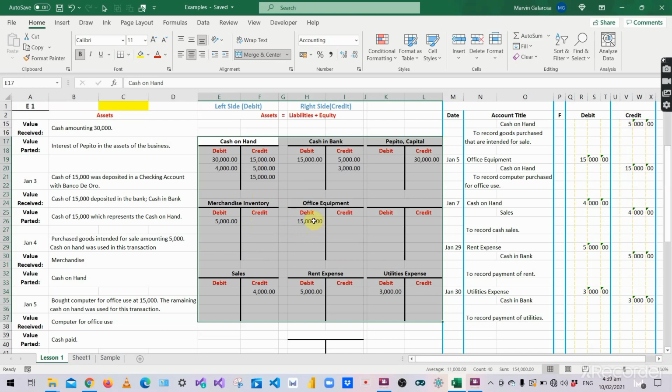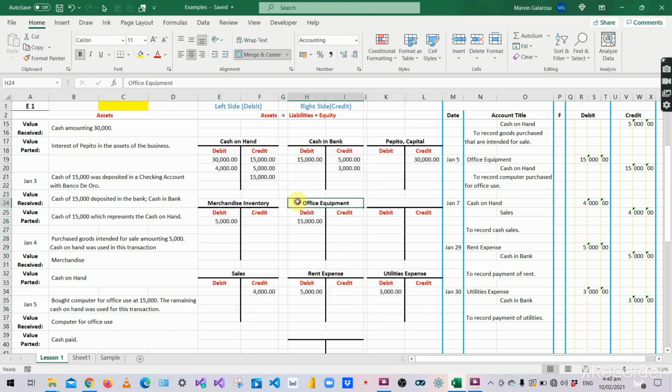Iko-correct natin siya by adding additional transaction. Okay? So, if done na kayo, babanggitin ko na yung T-account na may error. Yun ay cash on hand. Tignan nyo yung cash on hand natin. Debit side niya consisting of 30,000 and 4,000. Pag tinotal mo to, ang total niya is 34,000.